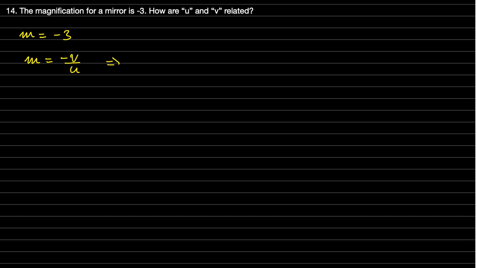So we can write minus 3 is equal to minus v divided by u. Minus and minus cancels. So we can straight away tell v is equal to 3 into u, or u is equal to v divided by 3. So these are the two options.